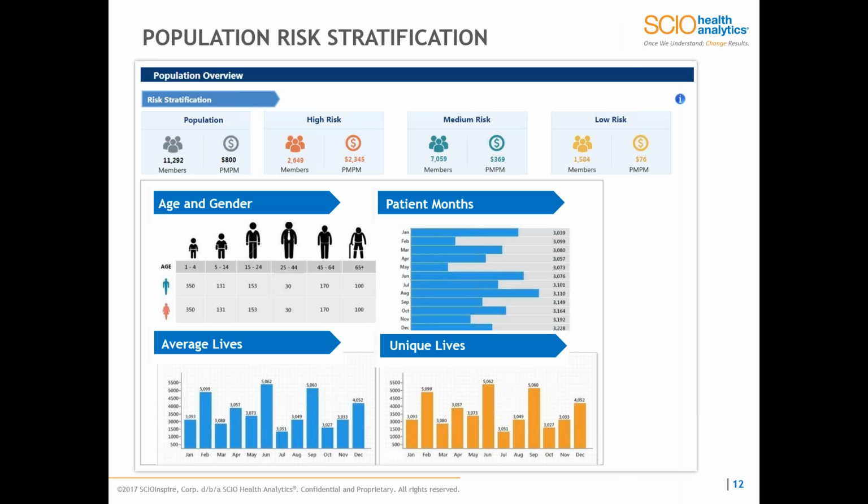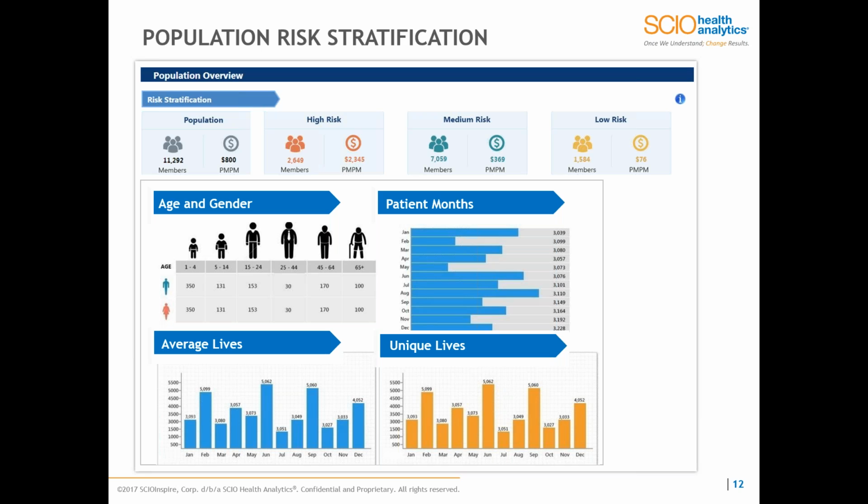So, population risk and stratification. Like I said, being able to roll up and understand simply where your population is at from a high level is key. So take that data and apply risk scores against it, whether a concurrent or a prospective risk score, and understand where your current population is at, breaking it down with simple visuals.